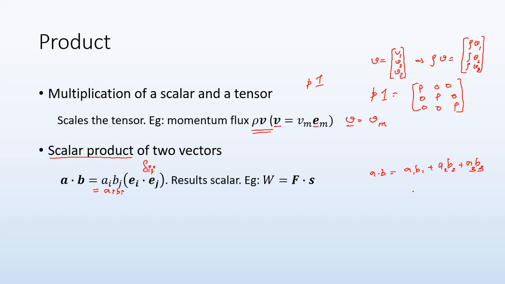This scalar product of two vectors actually results in a scalar. For example, work is defined by F dot S, where F and S are both vectors, while work is a scalar. And knowingly or unknowingly, you have done the scalar product using matrices also.